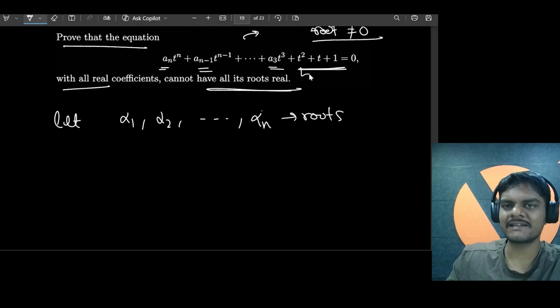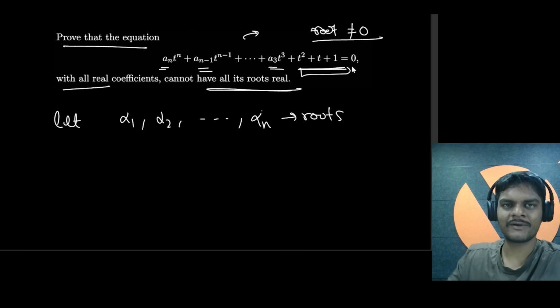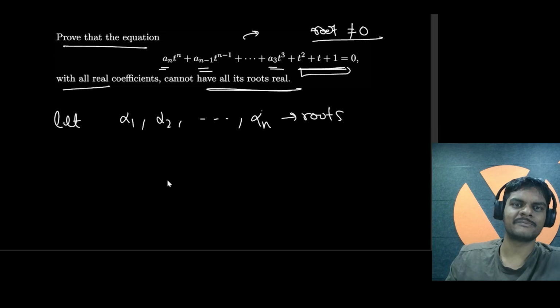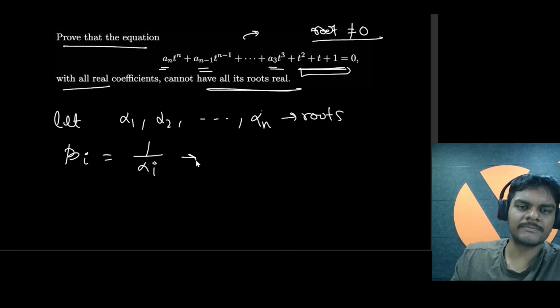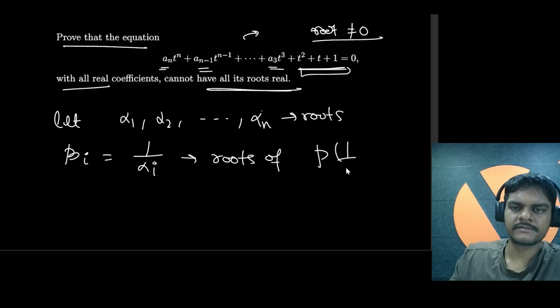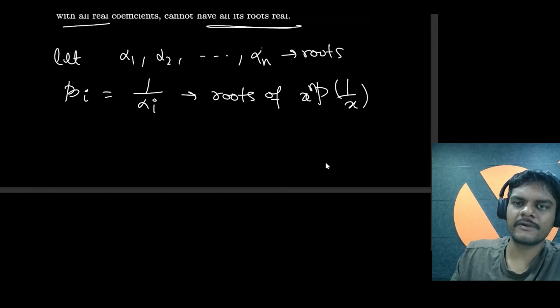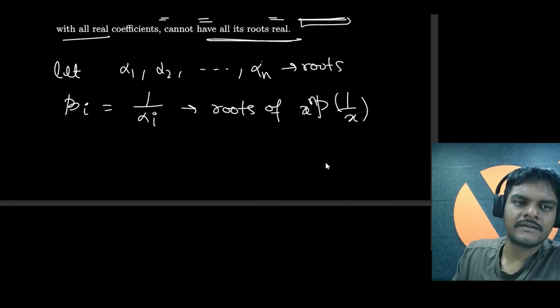So if these are the coefficients, can I reverse it? We already used something like that in the previous one. So let's take beta i is equal to 1 by alpha i, and this will be the roots of p of 1 by x into x power n, right? So what is p of 1 by x into x power n?